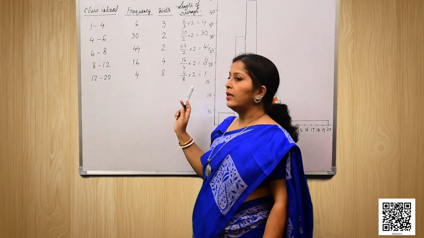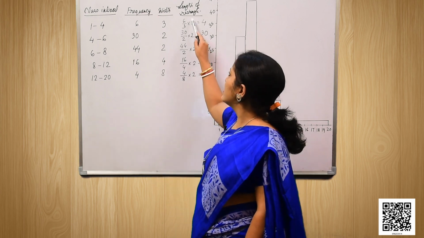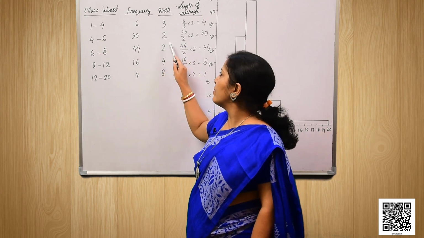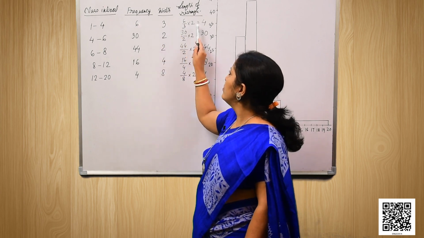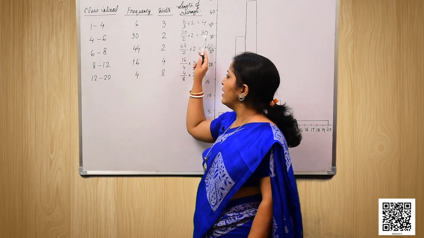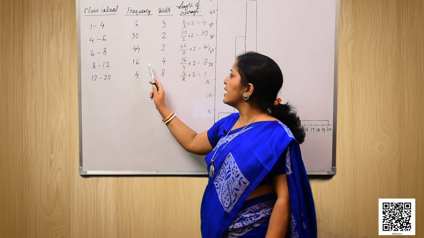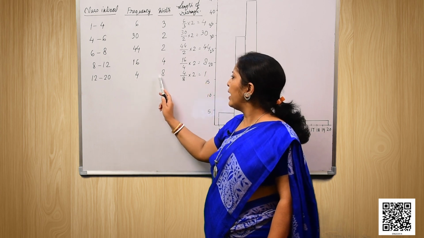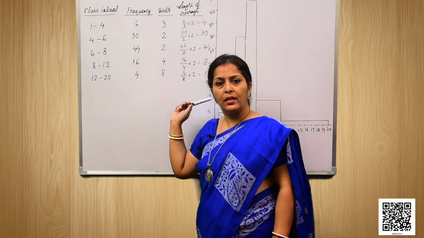Now to maintain the equilibrium of the rectangles, what we do, we make it of the size 2 first, which is common in both, that is the lowest one. So we write 6 by 3 into 2, which is 4, then 30 by 2 into 2, which is 30, 44 by 2 into 2 is 44, 16 by 4 into 2, which is 8, and 4 by 8 into 2, which is 1.